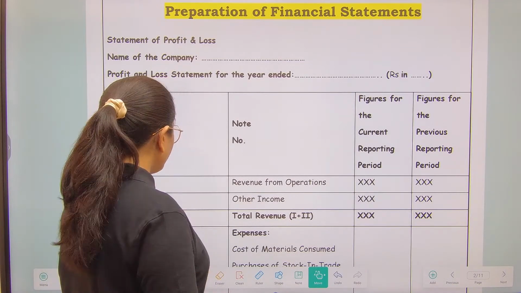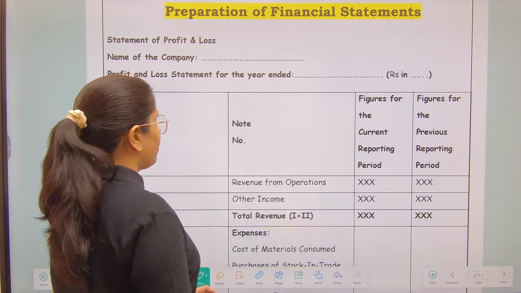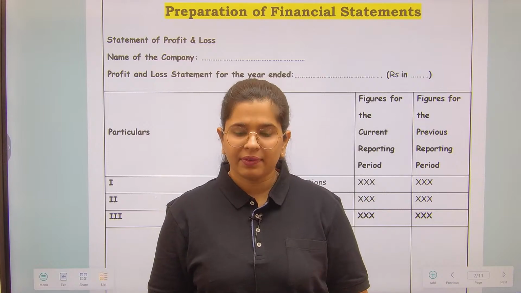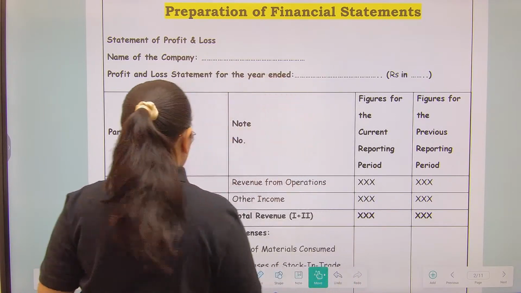So earlier what used to happen was there were two bifurcations while determining the profit and loss. But first let's discuss one more thing.